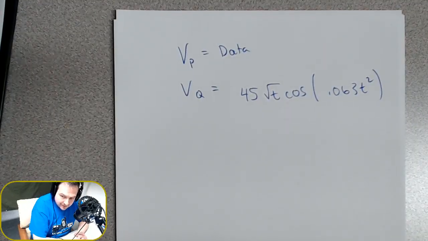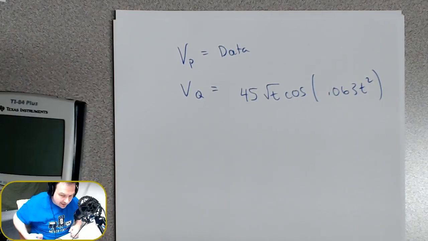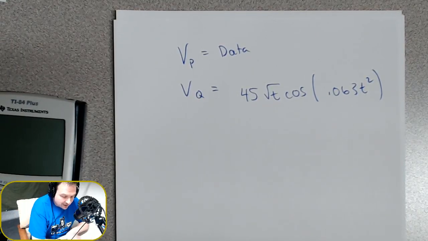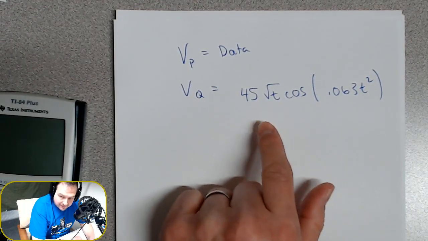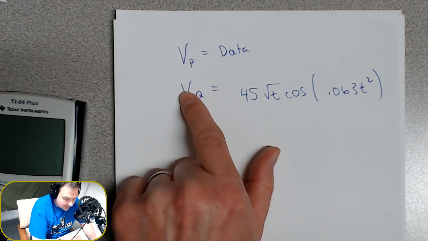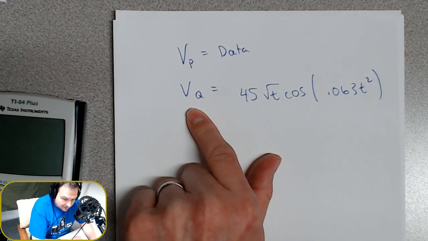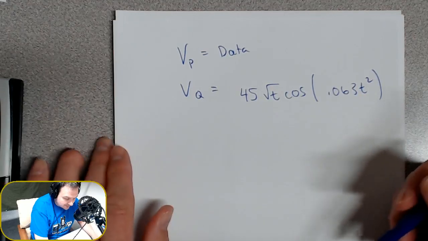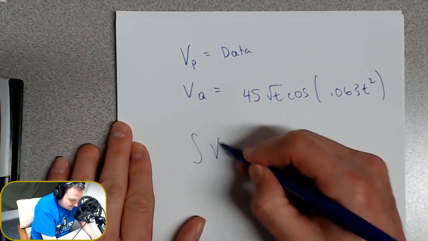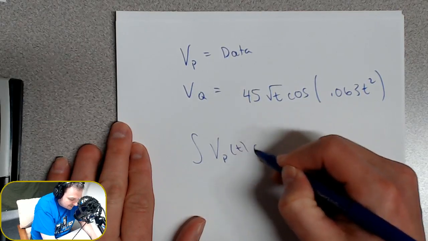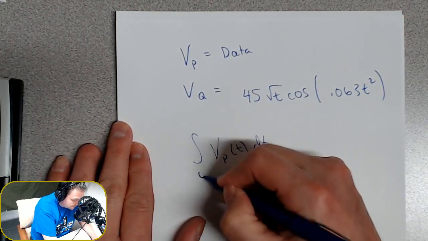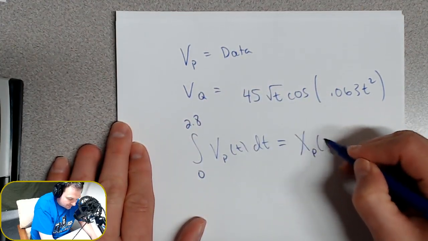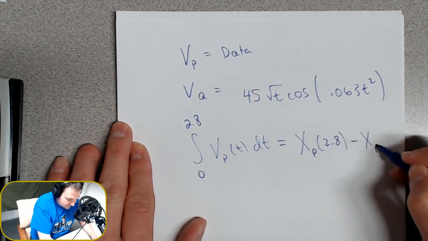Now, remember, when you have velocity and want to go back to position, there are two different situations. If you integrate the velocity without absolute value, that's just displacement. That's finding where you're at. For example, the integral of the velocity of P, v_P(t) dt, from 0 to 2.8 is the position of P at 2.8 minus the position of P at 0.